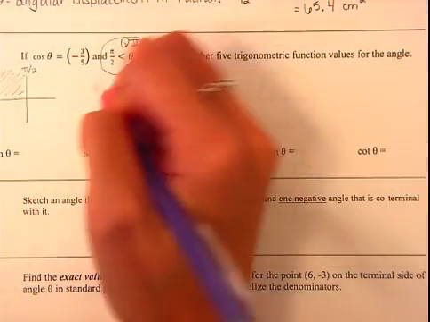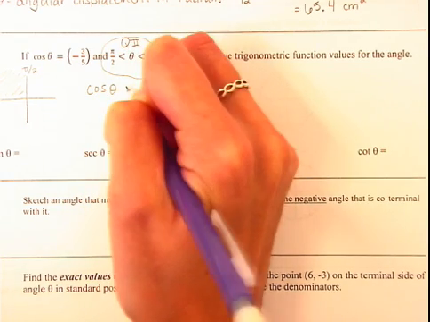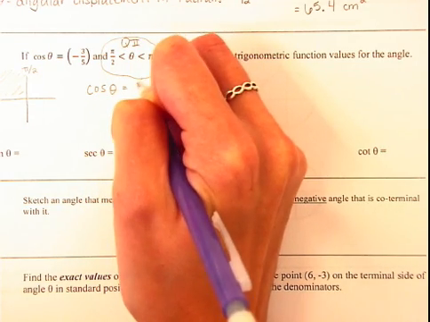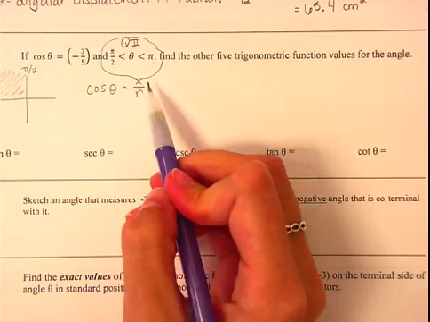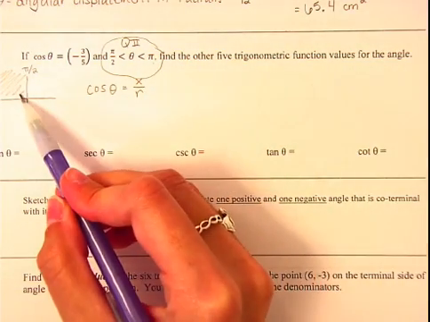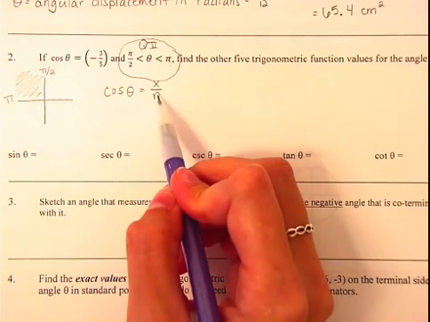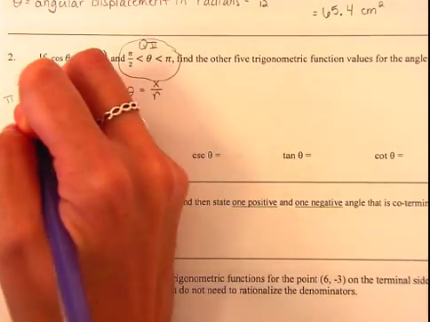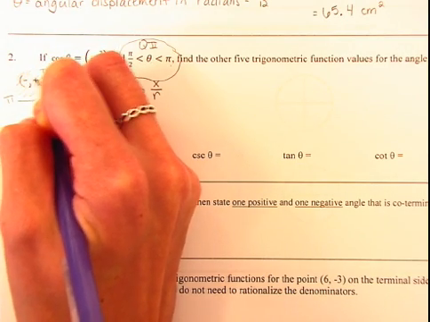I also know that cosine of theta in general equals x over r. Looking at the fact that it's in quadrant 2, and that cosine is x over r, I know in quadrant 2, x is negative, but y is positive.